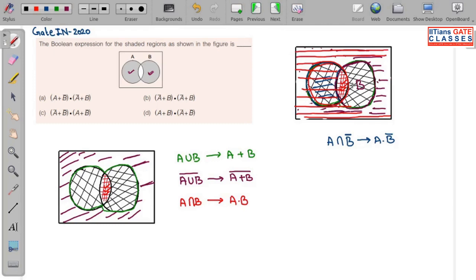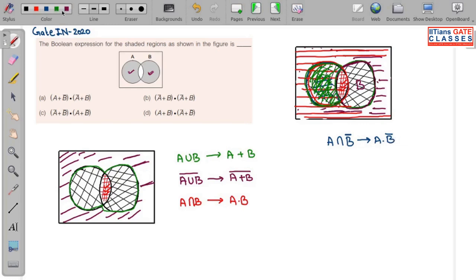The common area is only this portion that you are left with, this shaded region. This is the region that we were looking for. That is why this is A into B complement.